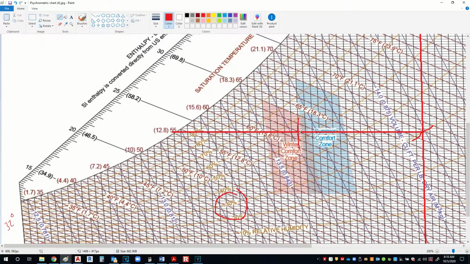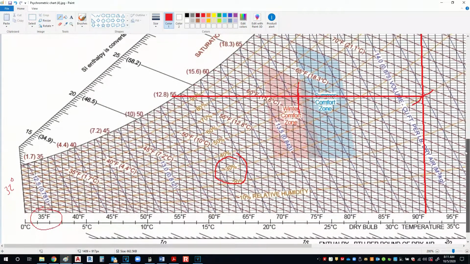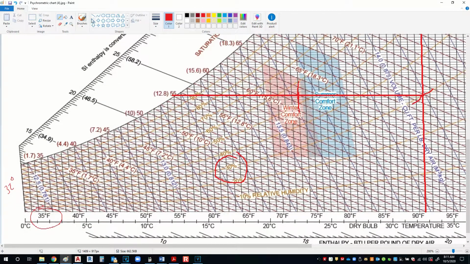And right here is the minimum that we can stay within the summer comfort zone. So it's asking how many degrees can we cool it. So we need to go down here and find out what this is here. And it is 73 degrees.